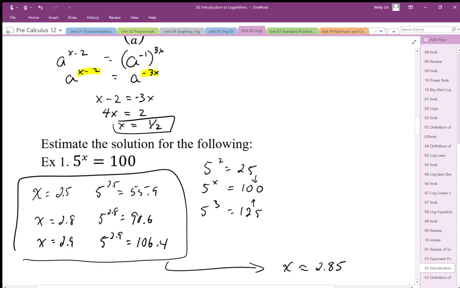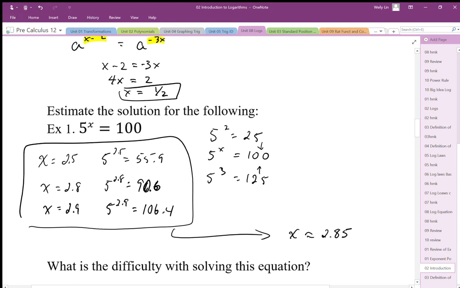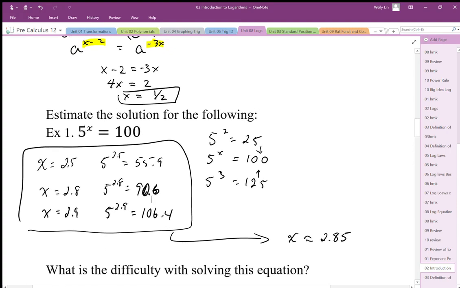I know it's got to be bigger than 2.8 because that's going to give me 90.6. It's got to be less than 2.9 because it's going to be 106.4. Okay, so that's about as good as we're going to get. We can just keep on going more and more by getting better and better guesses.